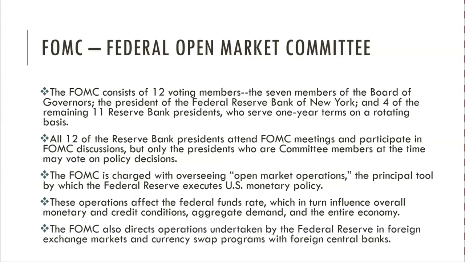So they also direct operations undertaken by the Federal Reserve in foreign exchange markets and currency swap programs with foreign central banks. So this is a really important committee. They probably do the most visible aspects of the Federal Reserve, and we'll talk more about what types of actions they take and how it influences the economy in another video.